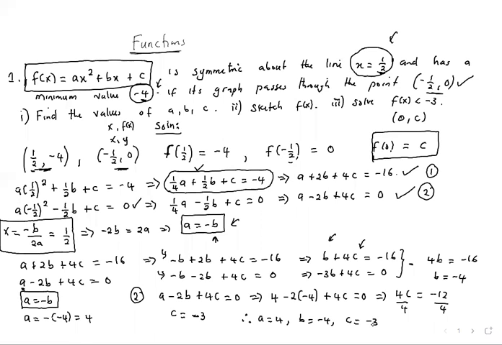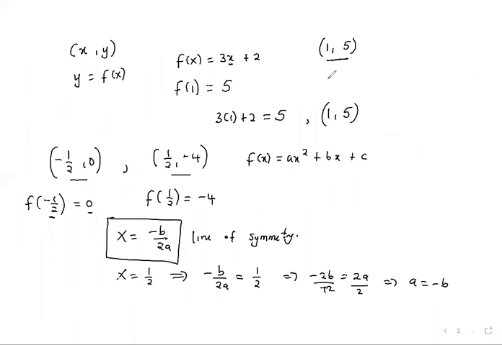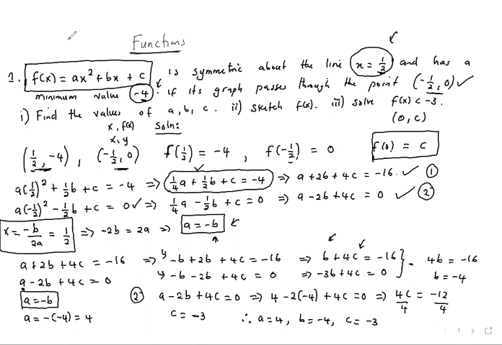So our function then can be written as f of x is equal to, a is 4, b is negative 4, so we have 4x squared minus 4x minus 3.